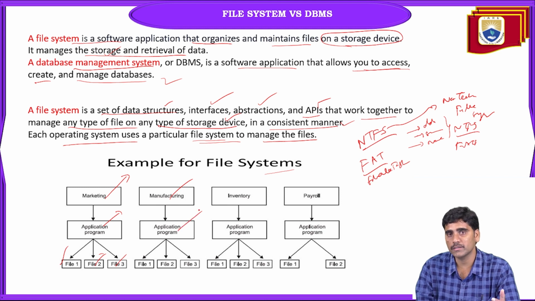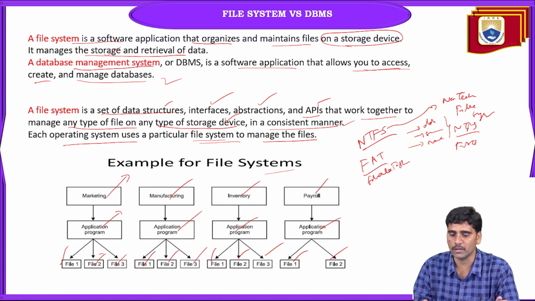In that folder, application program is one, and again file 1, file 2, file 3 are the files. Similarly, inventory is one folder. In that, application programming is one folder, and for this the files are managed. Similarly, payroll is one folder in which application program is one folder, and here file 1, file 2 are in a separate folder.